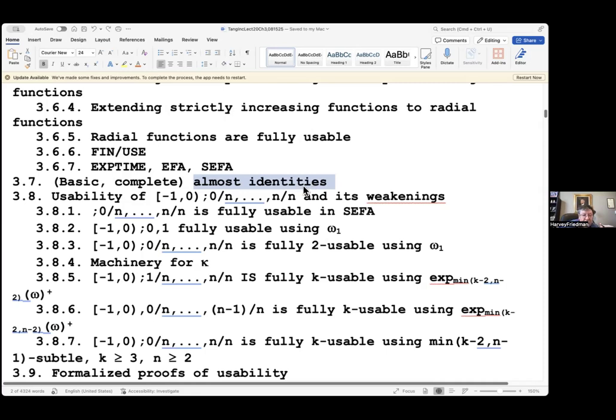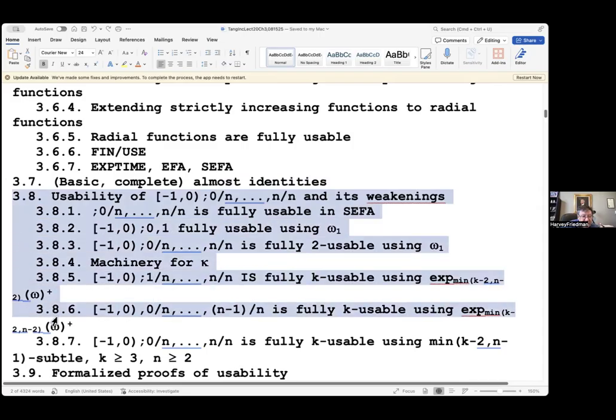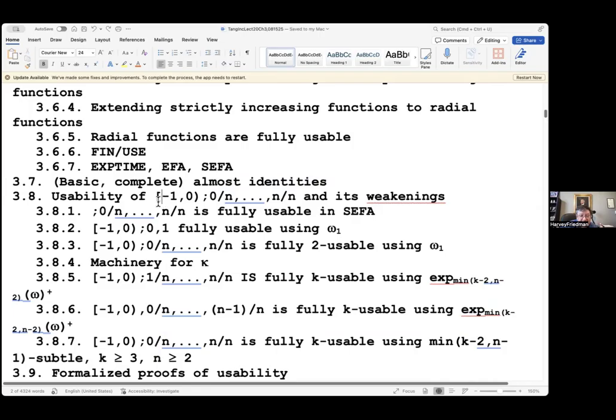All right, so we're finishing up this main section. This is a powerful section where I do everything involved. This is a very, very special, beautiful almost identity. Obviously, it's an almost identity. Only finitely many things are being moved: 0 divided by n to n over n.